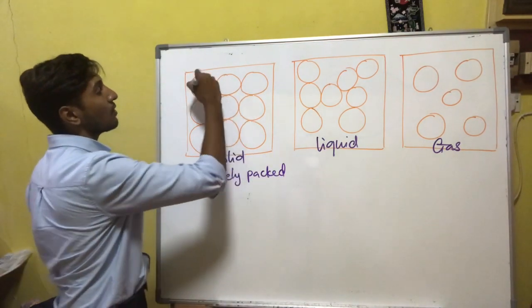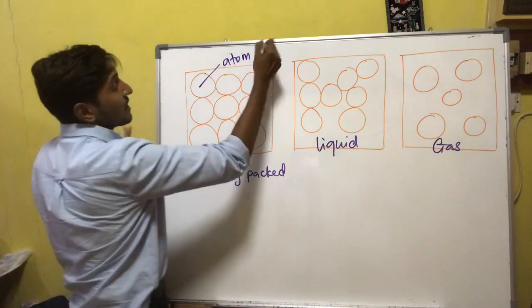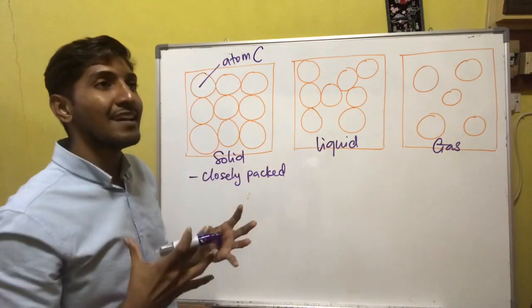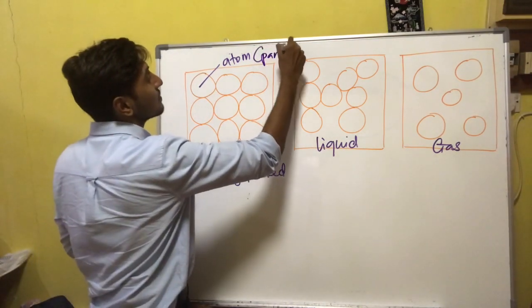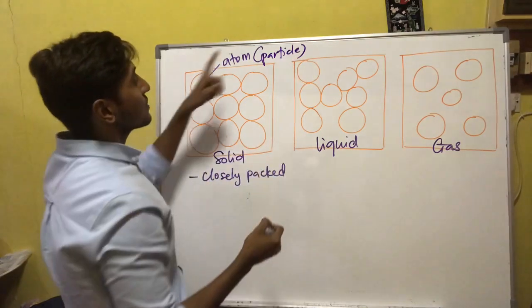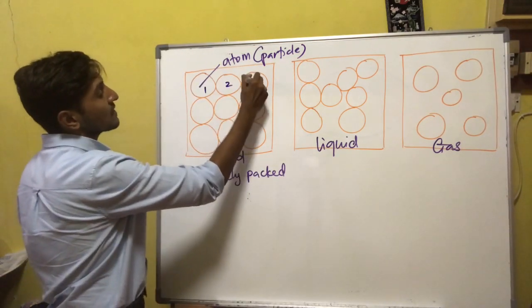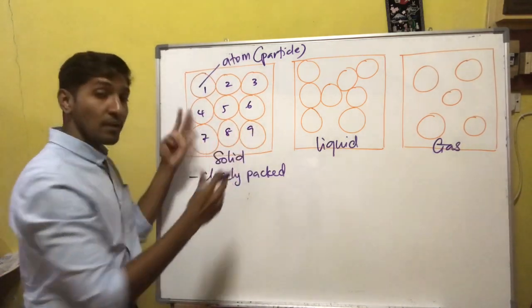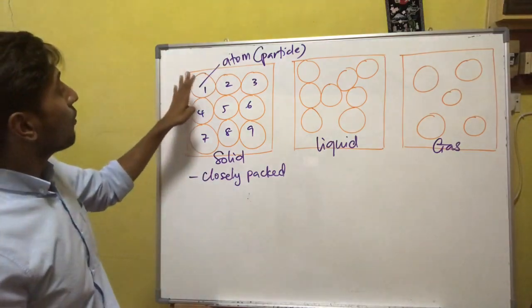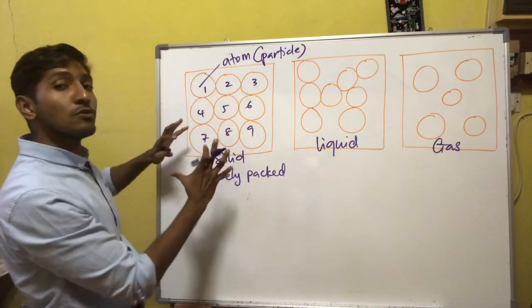These are what we call atoms, or as commonly called, a particle. So this is a particle. We have 1 particle, 2, 3, 4, 5, 6, 7, 8, 9, for example. From 1 to 9, all of them are basically joined to each other.